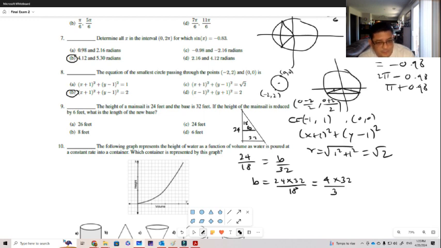Wait a minute. I have this backwards. 24 is to 18 as 32 is to B. I have it backwards on the order.